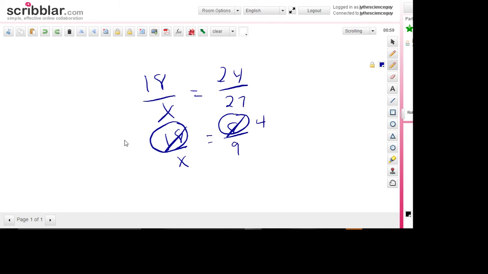And this one changes to a 9. And now I can cross multiply. So I have 81 is equal to 4x, right? And you get the same answer, right? So that's it.